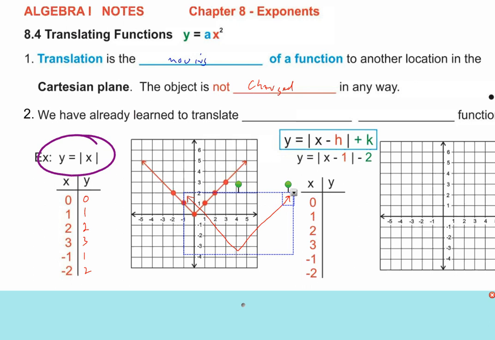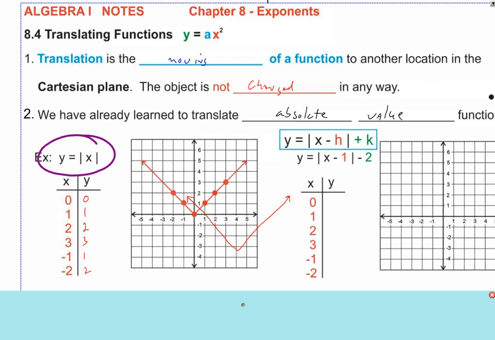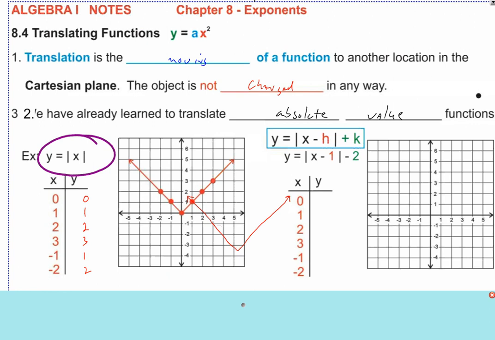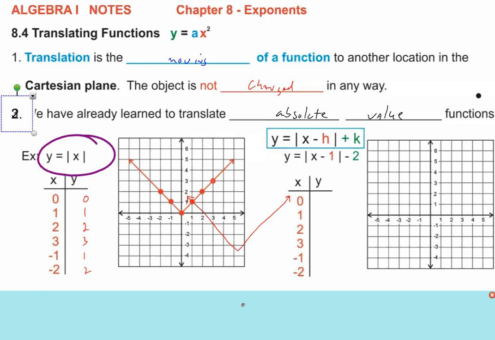We've already learned how to translate absolute value functions. Let me move this to where we're seeing everything that we need to see. That'll make some of my text a little off, but that's okay.